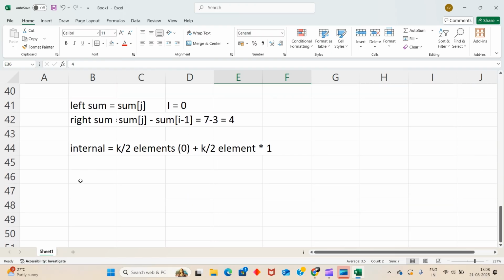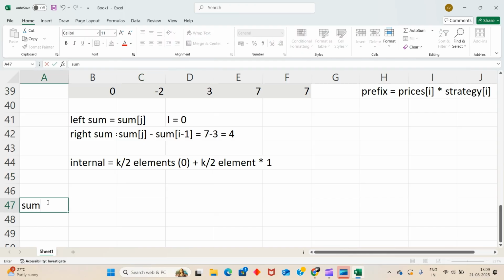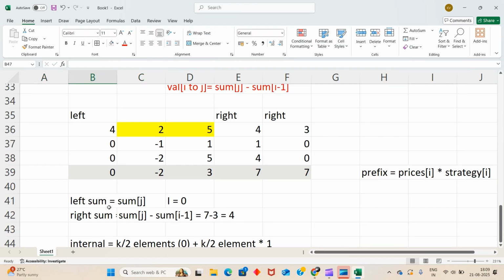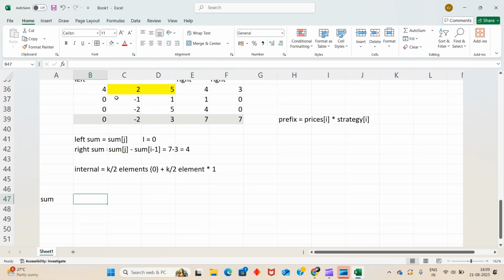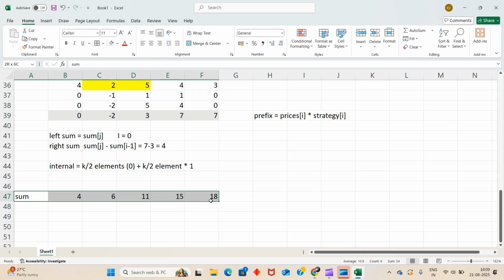So for this I will calculate a sum of, let's say these were our elements: 4, 4 plus 2 is 6, 6 plus 5 is 11, 11 plus 4 is 15, 15 plus 3 is 18. So this will be my prefix sum.